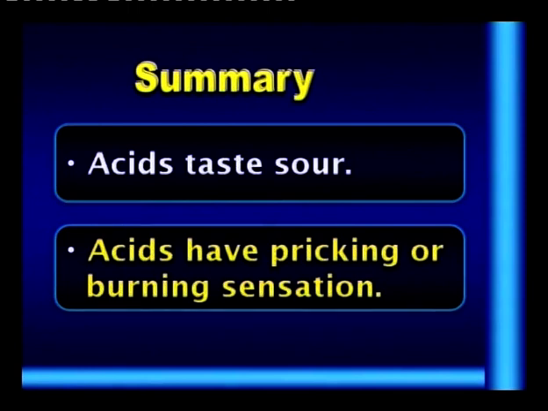Your summary points for today. Summary point number 1, acids taste sour. Point number 2, acids have a prickling or burning sensation. That is when it comes in contact with your skin or any part of your body.